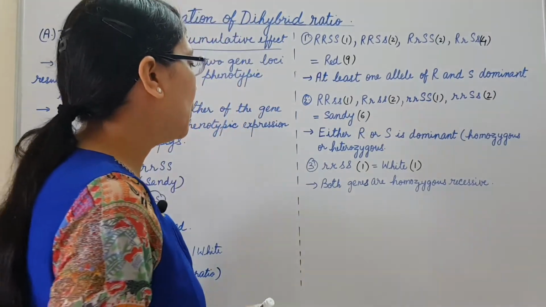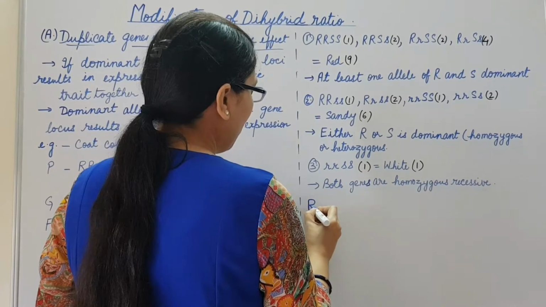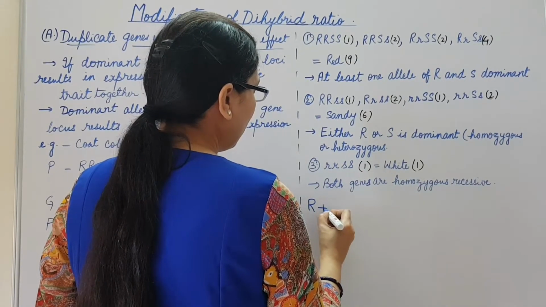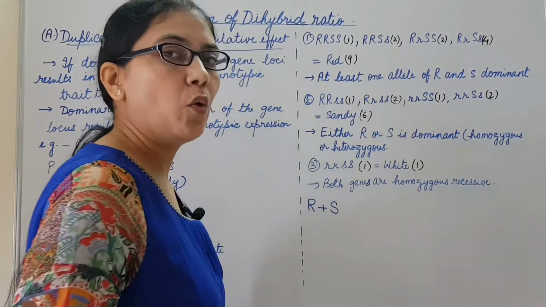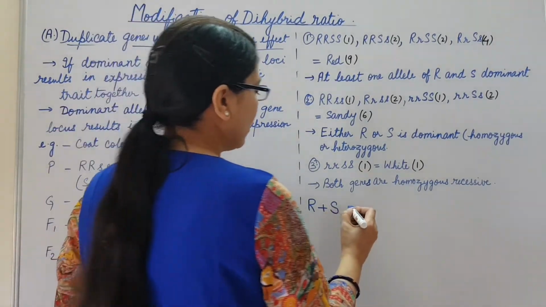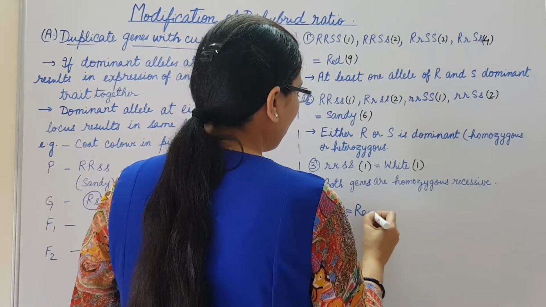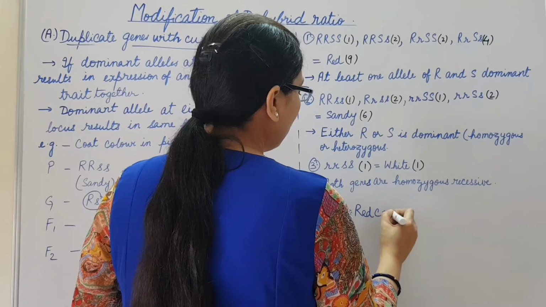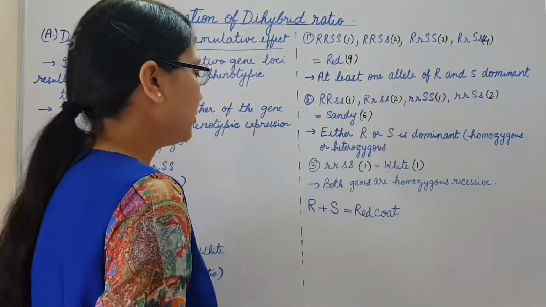So from here we can conclude that when both the dominant R allele and the dominant S allele are present, either in the homozygous or heterozygous condition, these together are responsible for the red coat color of the offspring.